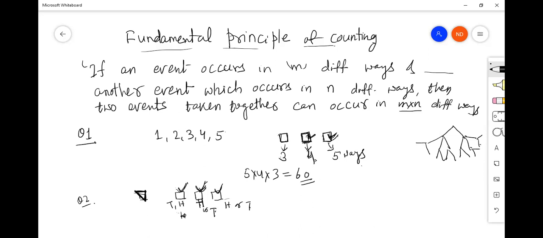So three events taken together will occur in 2 into 2 into 2, 8 different ways.